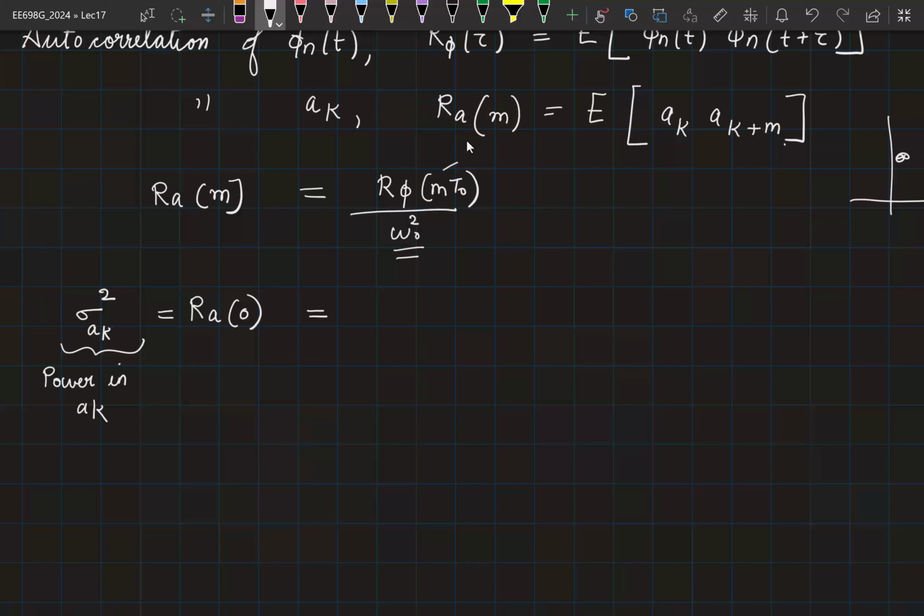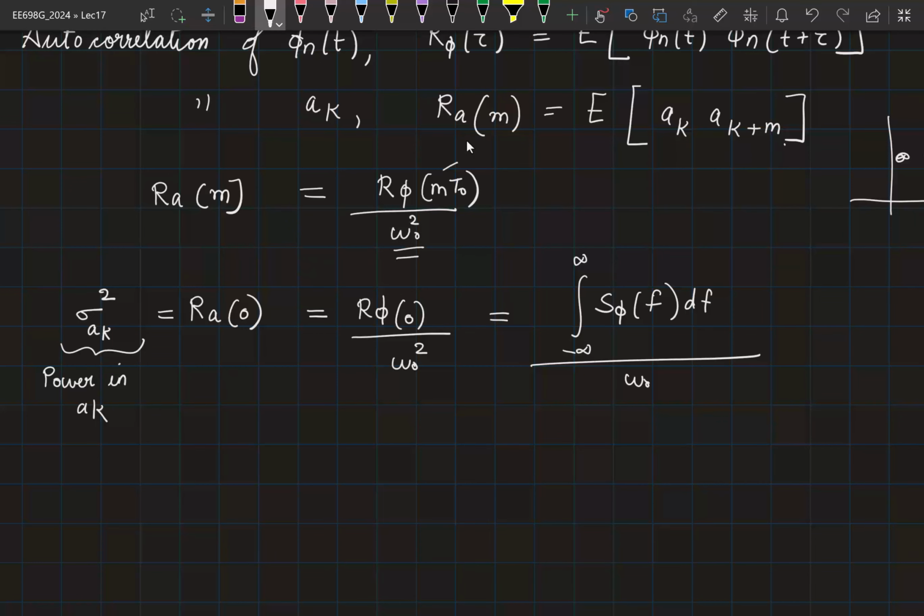Now this will be equal to R phi of 0 divided by omega naught square, right? And what is R phi of 0? Power of the phase. Power of phase noise. And that I can find out by integrating the phase noise PSD and then dividing it by omega naught square.